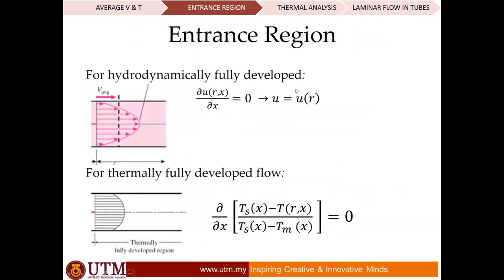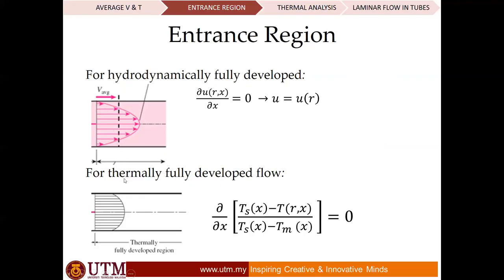For hydrodynamic fully developed flow, the equation that can be used to distinguish fully developed from before fully developed is that the change of the speed u of r in x is 0, because you have the same velocity profile in the x region.